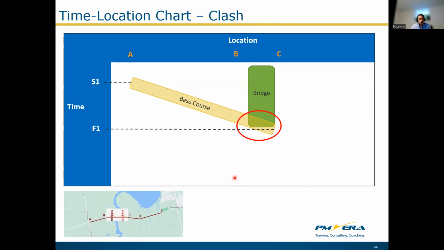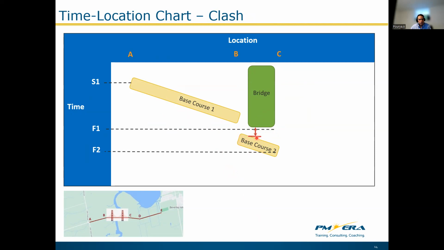So if we don't want to touch the productivity corresponding to the slope of this base course activity, there are a few options. Option one is to split the road pavement activity into two activities with finish to start logic.